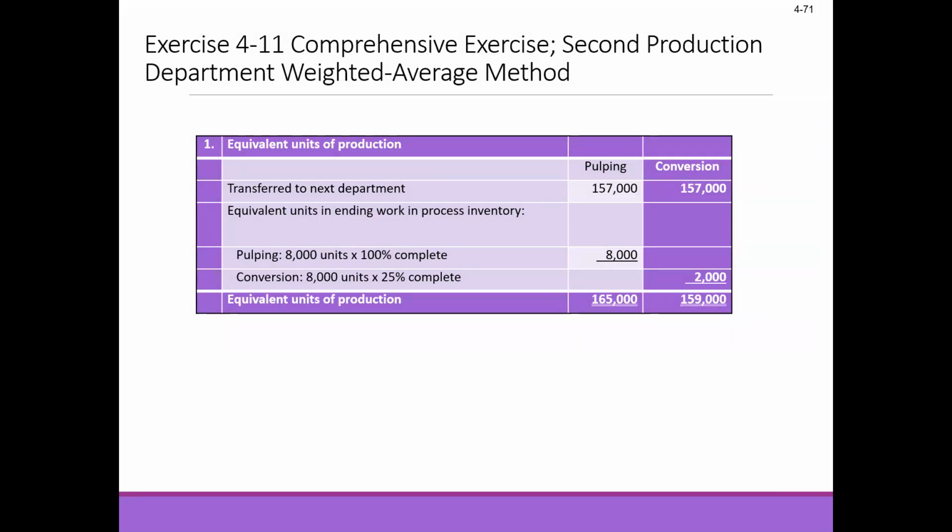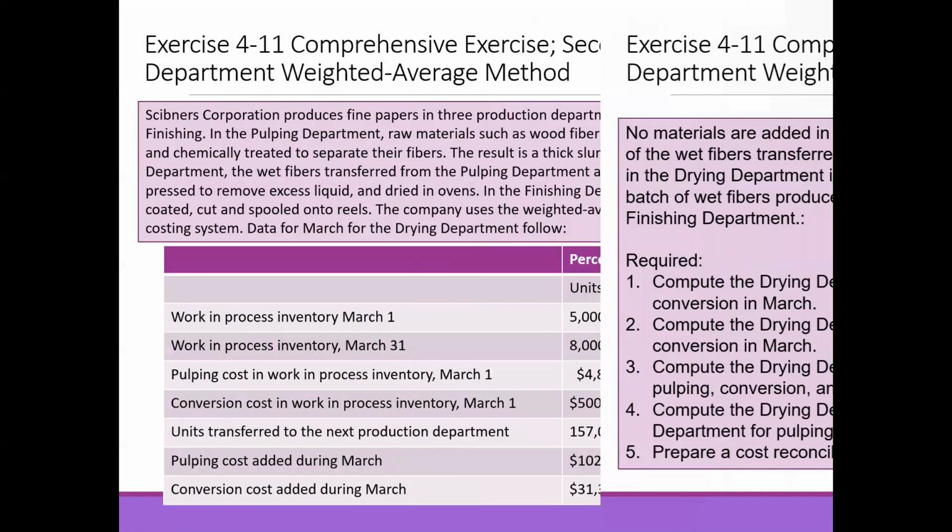Now, for pulping, equivalent units of production, we know we transferred 157,000 units to the next department. Let me just see where we saw that.